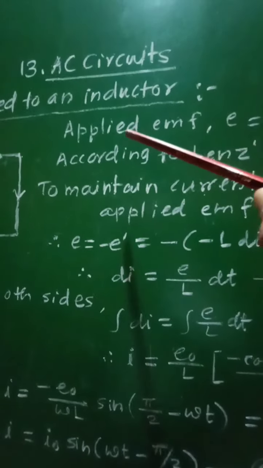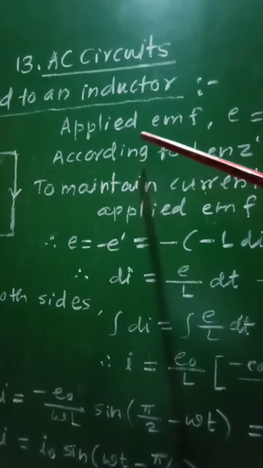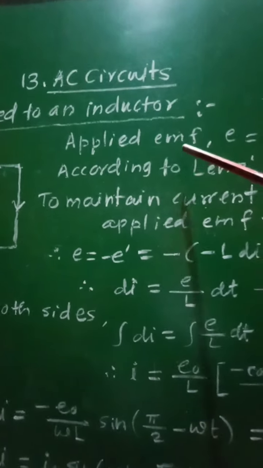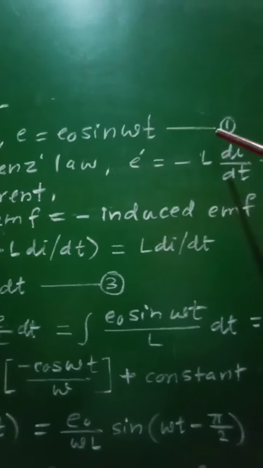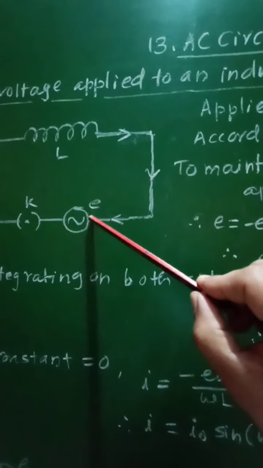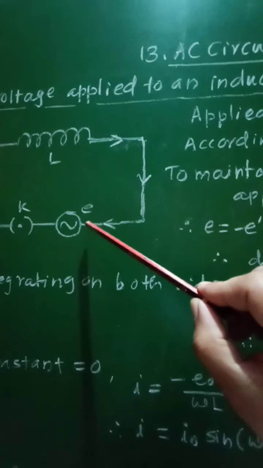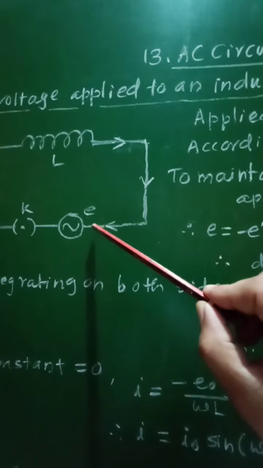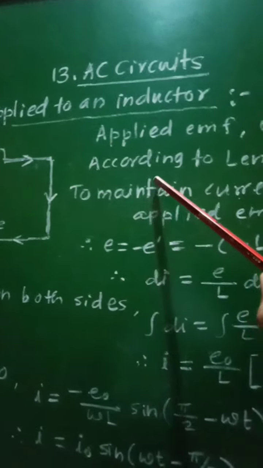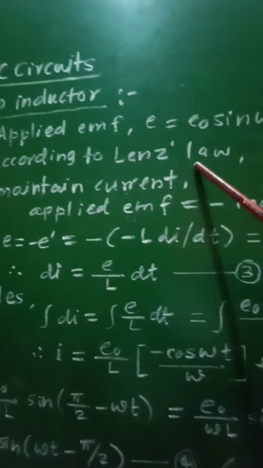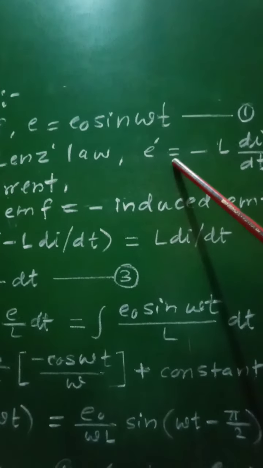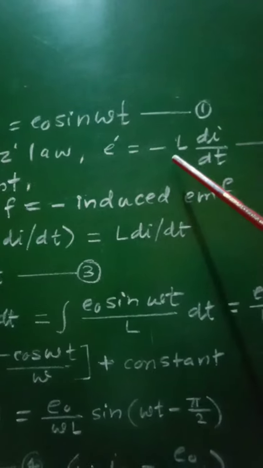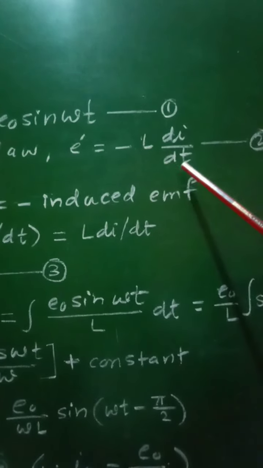Then we can apply the relation: the applied EMF, that is the EMF of that source of alternating EMF E, will be equal to E0 sine omega t, equation number 1. Now according to Lenz's law, the induced EMF E dash will be given as minus L di by dt.